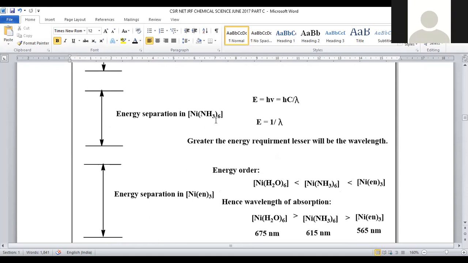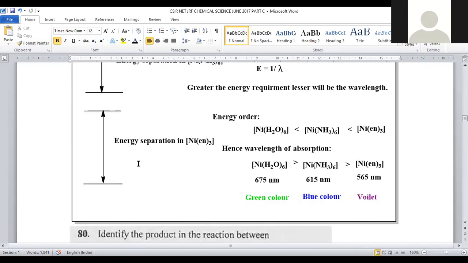So the energy gap is somewhat larger, but not too large. When we consider the nickel tris ethylenediamine complex, the energy separation gap will be very large.